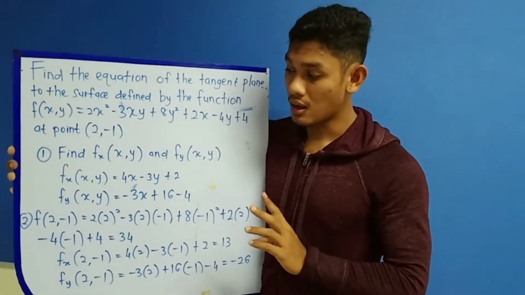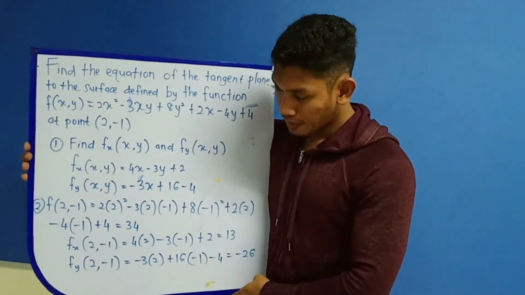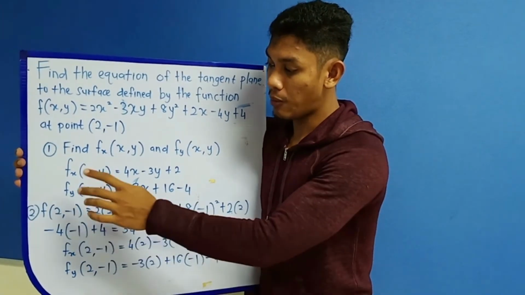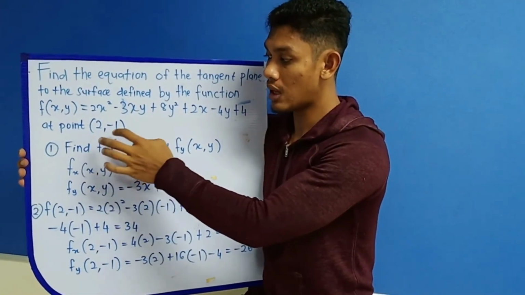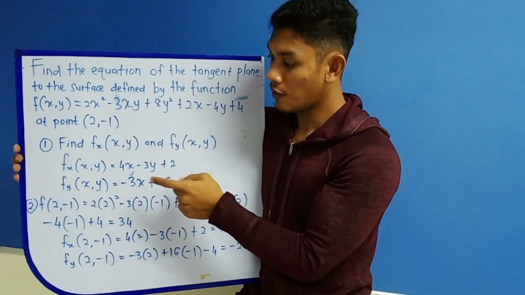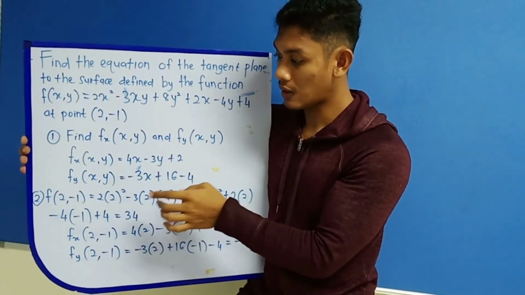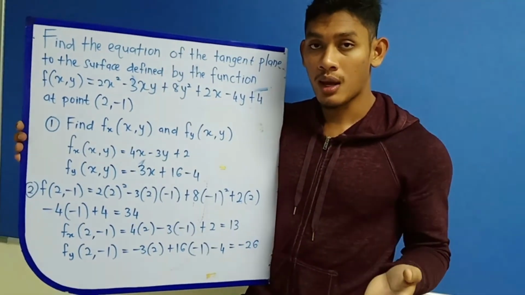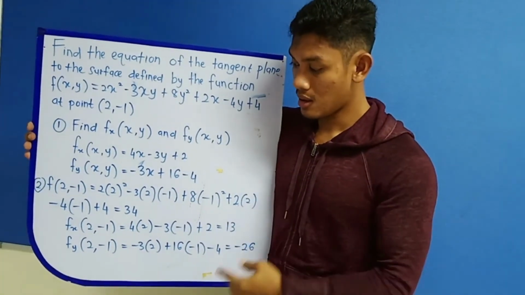Second, we substitute the point (2, -1) into the derivatives f_x and f_y.